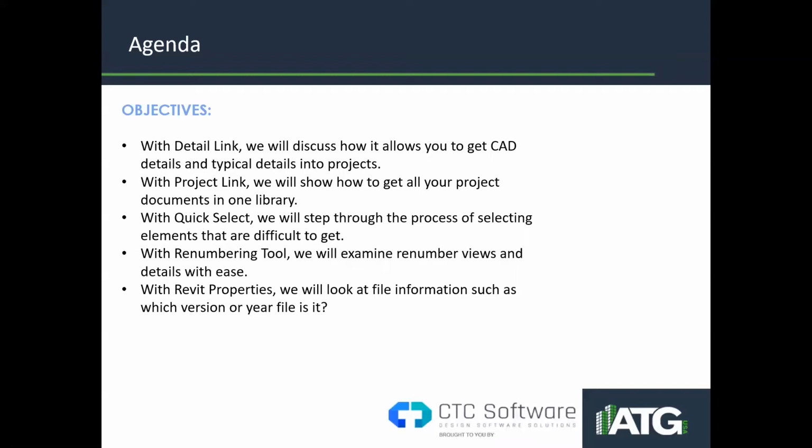And probably my favorite tool is actually one of the free ones, which is the Renumbering Tool. With it, we'll examine how to renumber views and details with ease. And then lastly, with Revit Properties, we will look at file information such as which version or year file it is, as well as some other data that is not so easy to surface on a file.